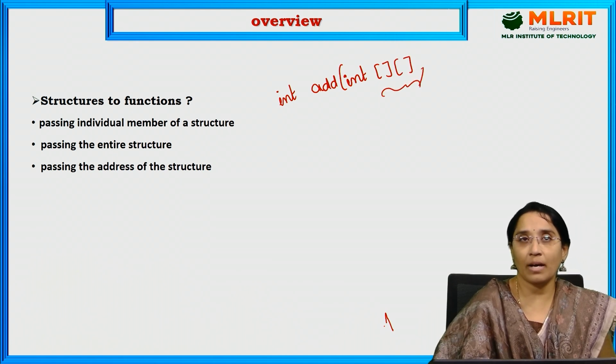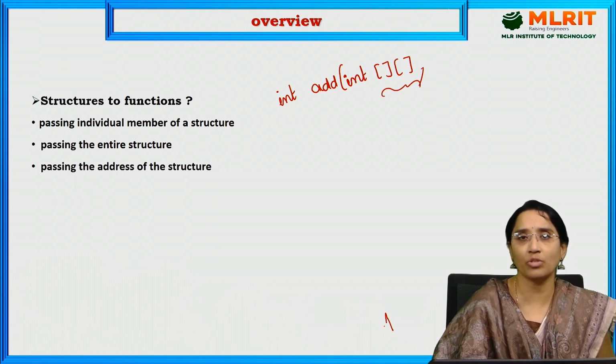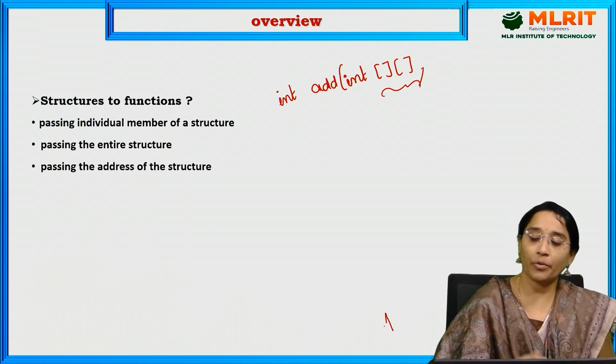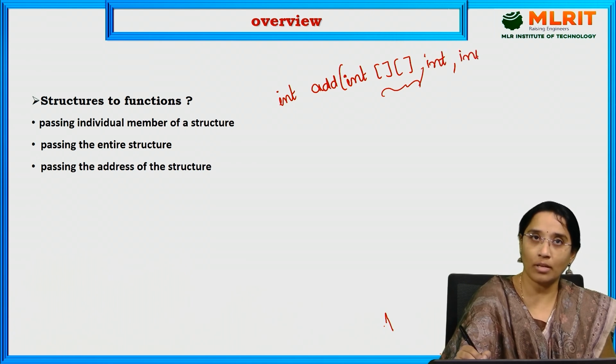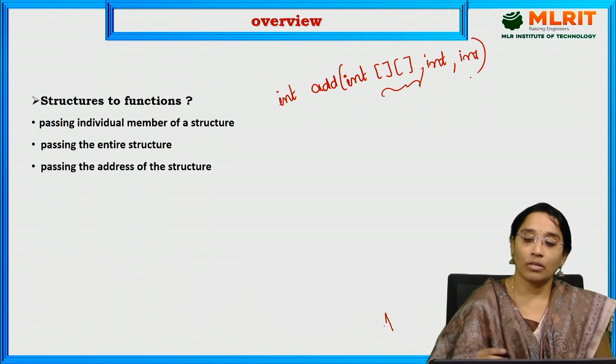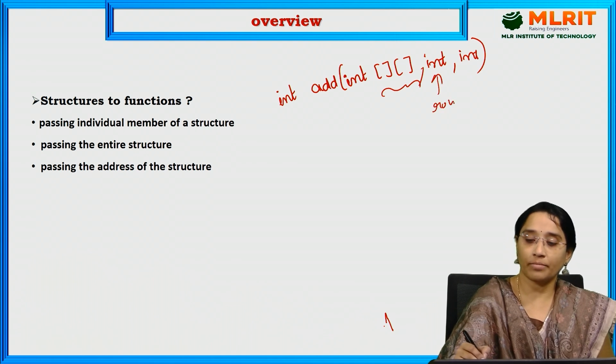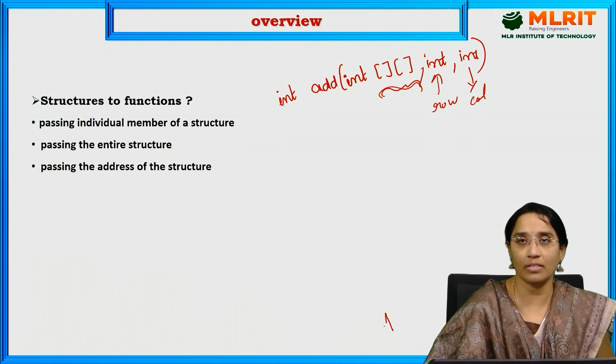If you pass one subscript, it is a 1D array. If you pass two subscripts, that represents a 2D array. One is for the row size and the other is for the column size. So by this we can understand that it is a 2D array.